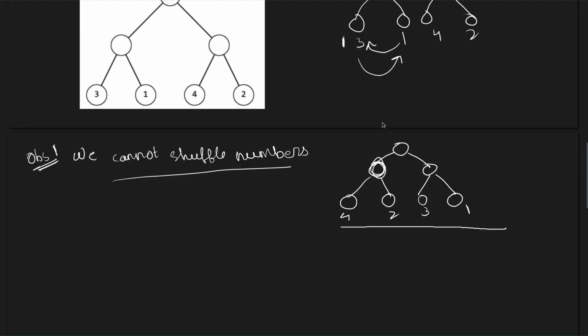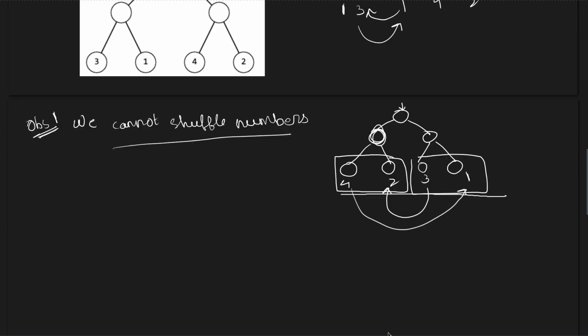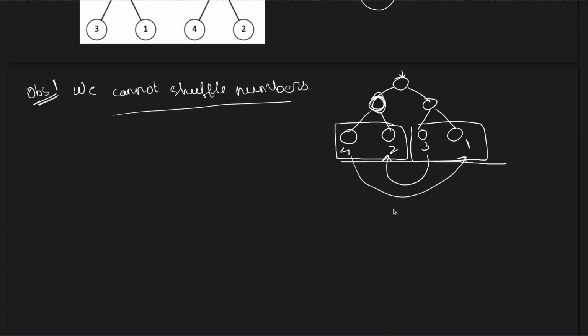But if I choose the root node, then these two numbers will always move together and these two numbers will always move together. So it will never be like I can take 3 to this particular position with 4, or take 4 to this particular position with 1 or 3, right? So we know for a fact that we cannot shuffle the numbers and the numbers always move in a group.